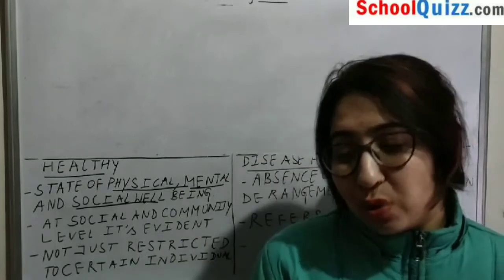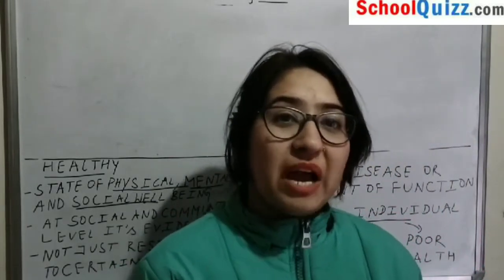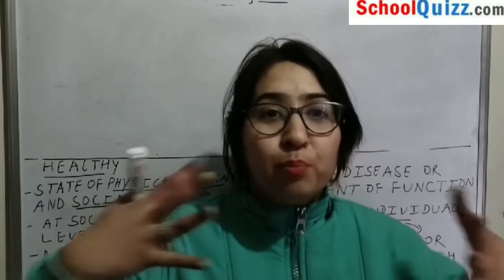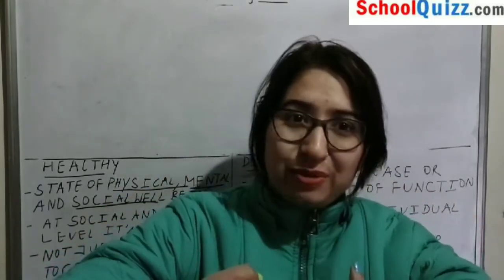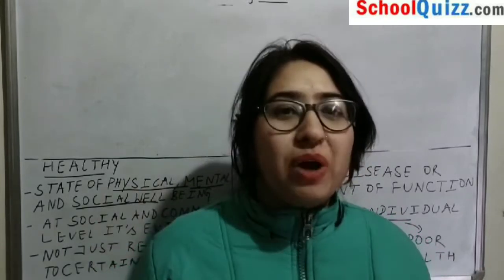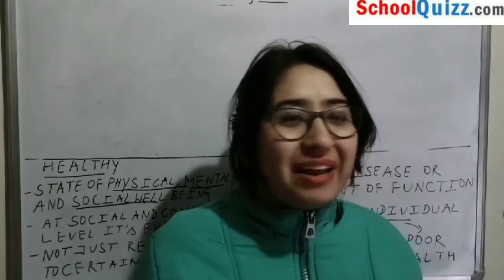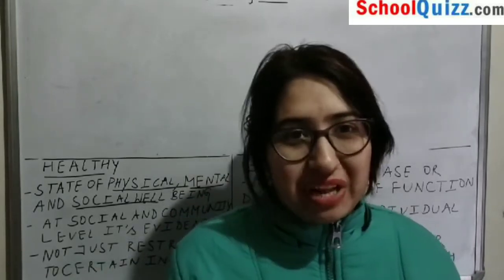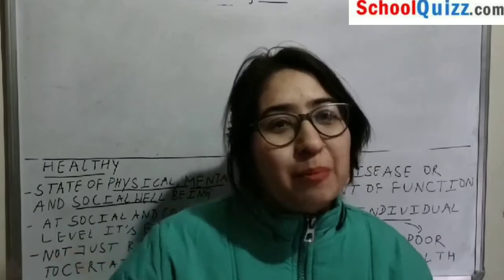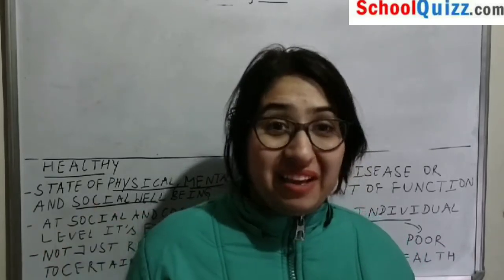And then comes social well-being, in which it is seen how compatible you are with your society and what kind of bonding you are representing in your society. There can be two kinds of people. Some people can be quite extroverts, very welcoming with each and every person. On the contrary, there are some people who are just comfortable in their own company, they are introverts.